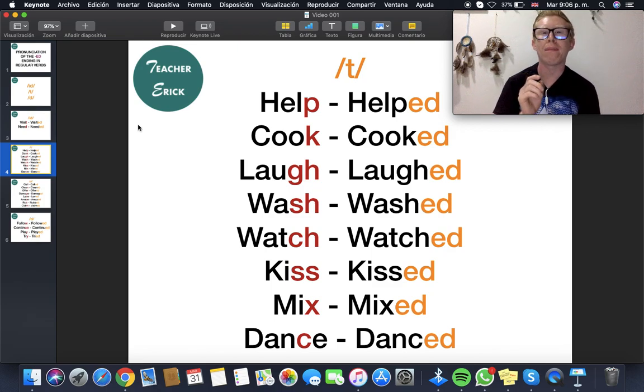That is why we are marking the letter C, which is the last letter that produces a sound in the word. So every time that we have these endings, we pronounce the ed like t.